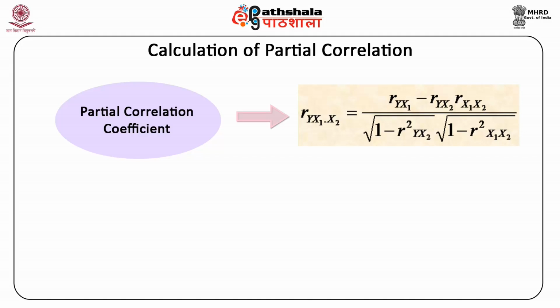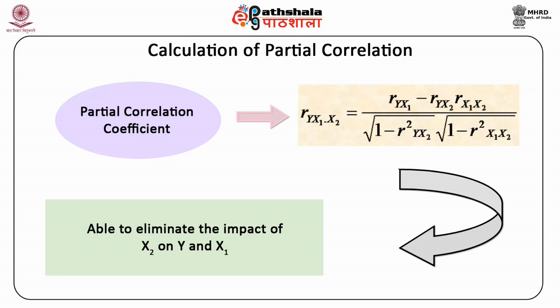The partial correlation formula is as follows. R yx1.x2 is equal to R yx1 minus R yx2 R x1x2, upon square root of 1 minus R square yx2 into square root of 1 minus R square x1x2. Through this formula, we are able to eliminate the impact of x2 on y and x1.